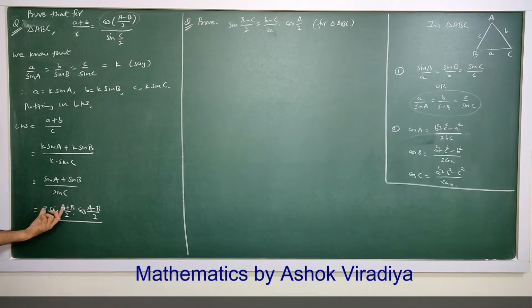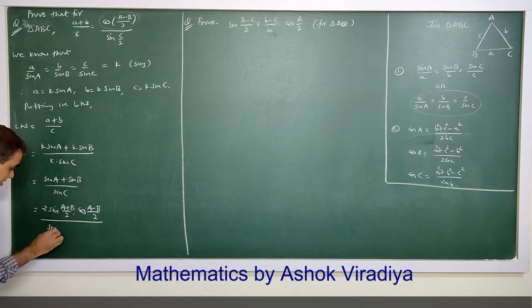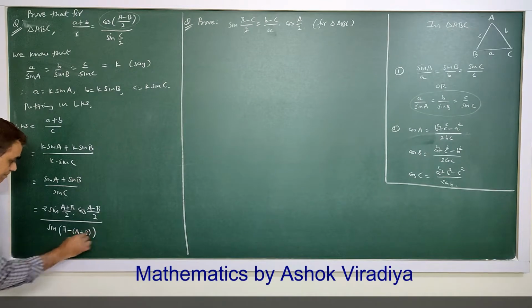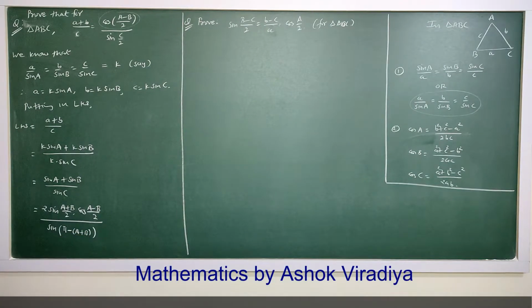So it is possible if we convert the denominator in terms of (A plus B) by 2, or in terms of A and B. So first of all, here I replace this C by pi minus (A plus B), because A plus B plus C is pi.